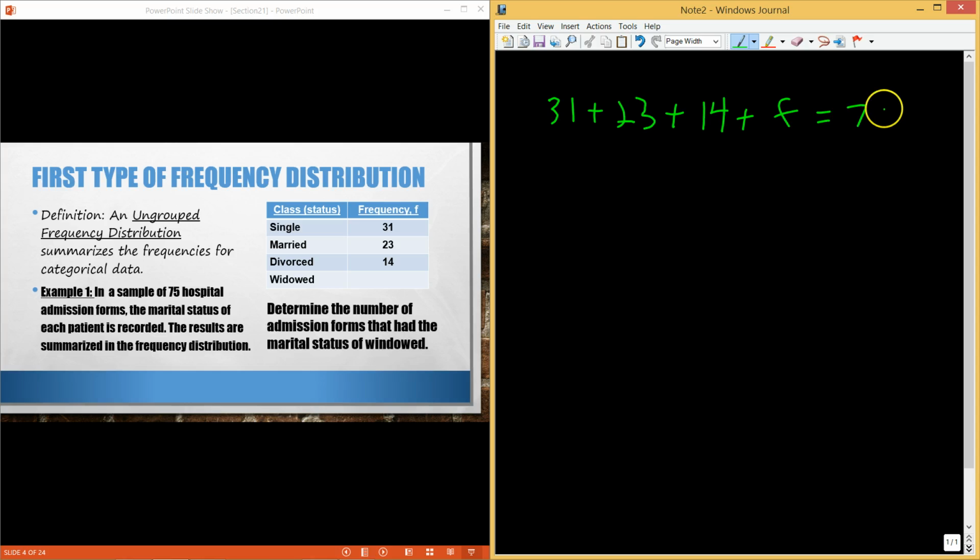We're supposed to get 75 altogether. So let's just do a little bit of algebra here. To solve for F, we want to subtract these three numbers on the left. So that means F is going to be equal to 75 minus 31 minus 23 minus 14. So let me grab my calculator here and figure out what that number is.